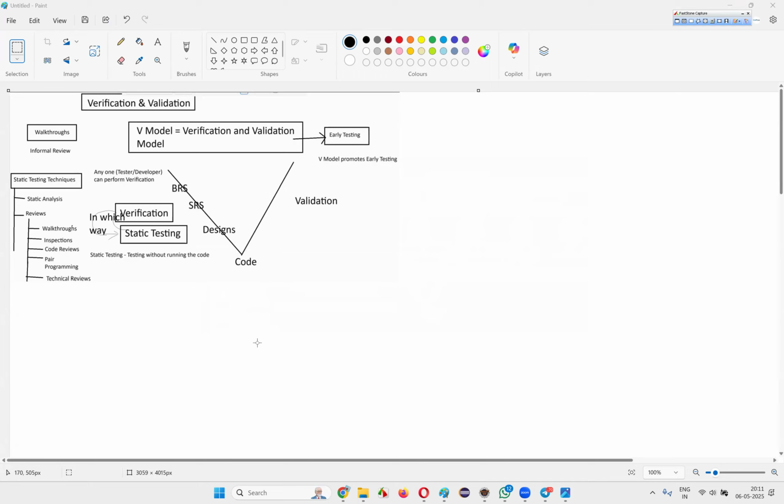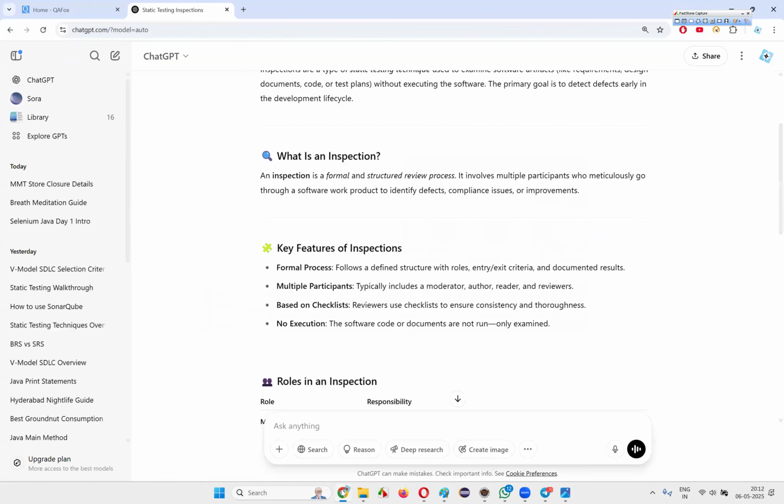What about inspections? Inspections are formal, you are right. So walkthroughs are informal reviews, whereas inspections are a formal and structured review process.